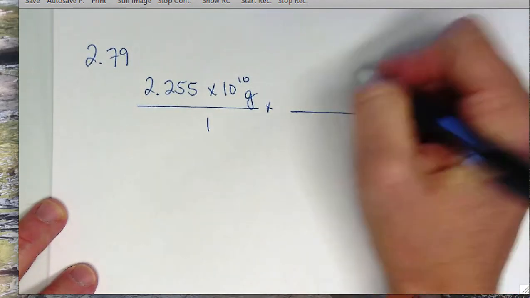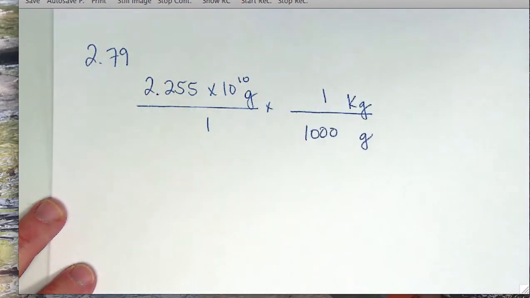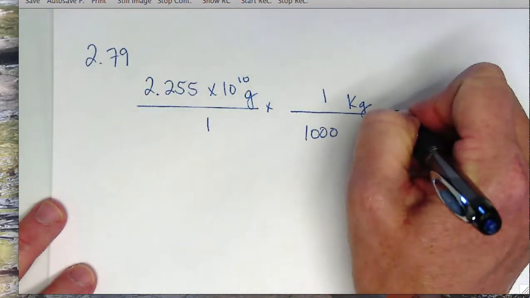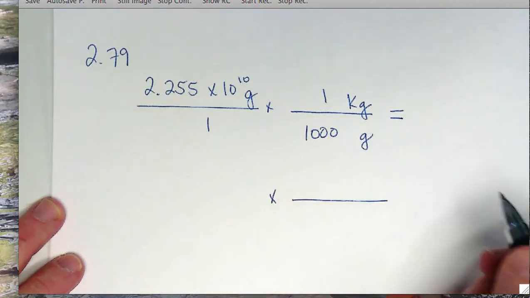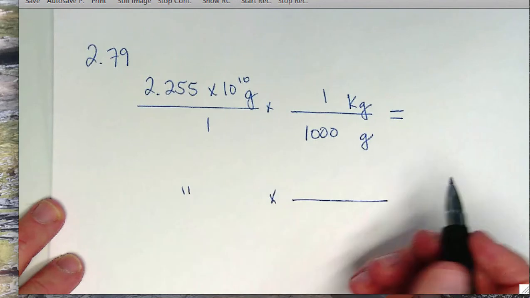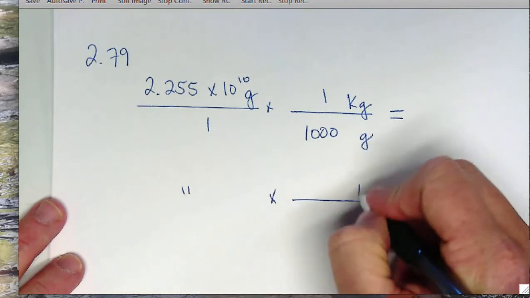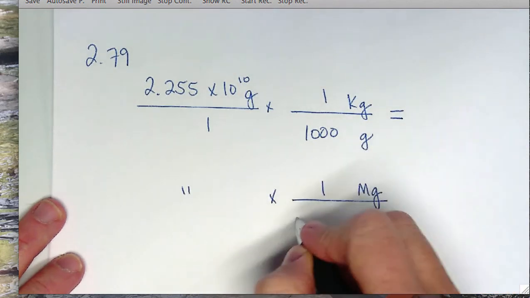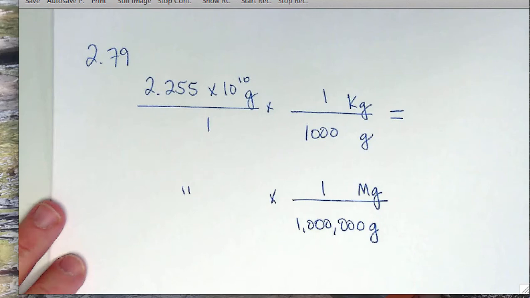So you'd have grams to kilograms. 1 kilogram, there are 1,000 grams. Then you would do the same thing for grams to megagrams. 1 megagram, 1 million grams.